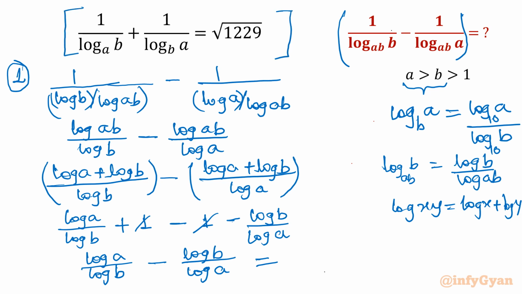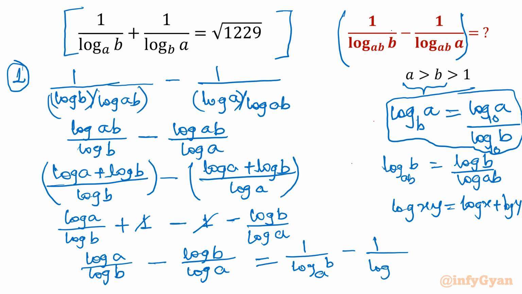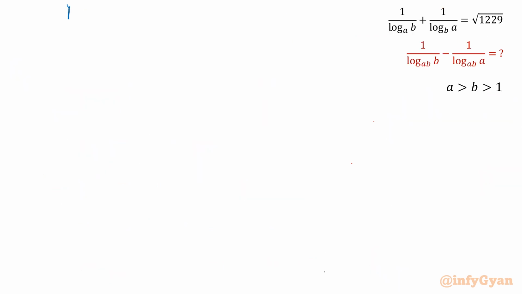Now if you see what is given, it is in denominator form. Log is in the denominator only. So shall we write log a over log b as 1 over log b base a? By the property, any time we can write this. So we can write minus 1 over log a base b. So let me write this one: 1 over log b base a minus 1 over log a base b.